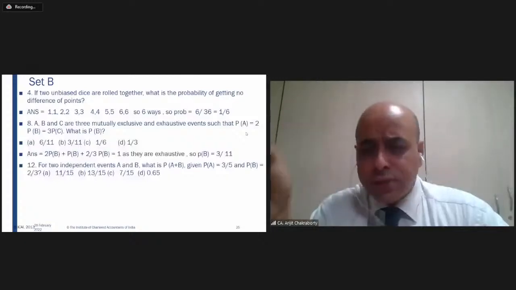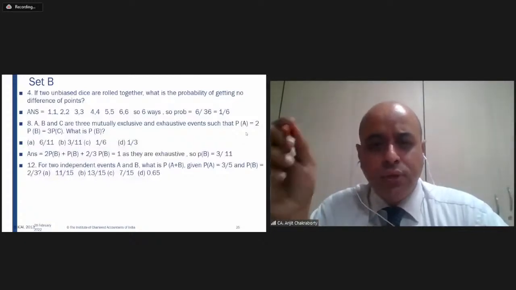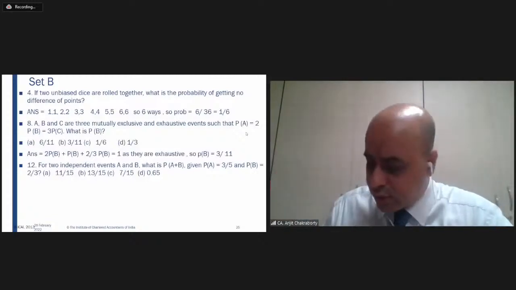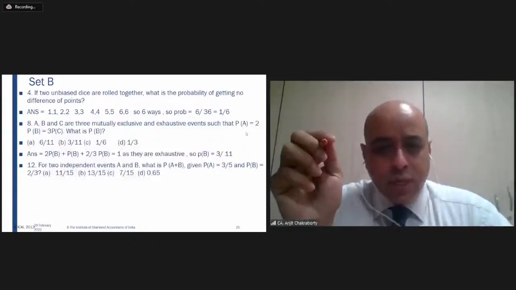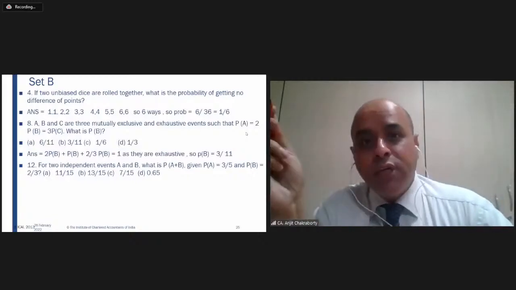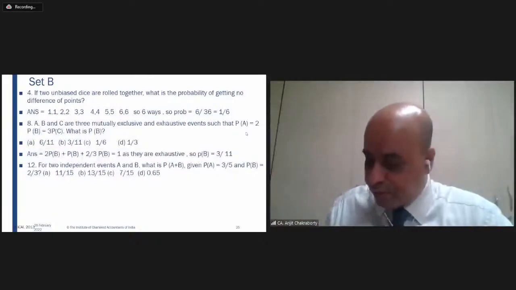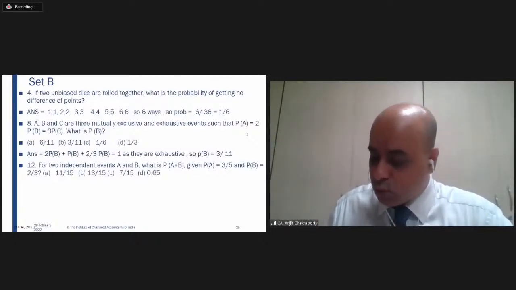So now let us put in this formula. Let us write down the values. PA is how much? 3/5. PB is how much? 2/3. Minus PAB. PAB is how much? We have got 2/5. So the answer is 3/5 plus 2/3 minus 2/5.